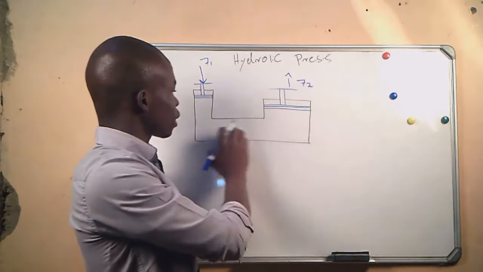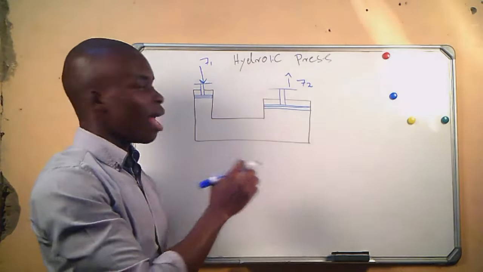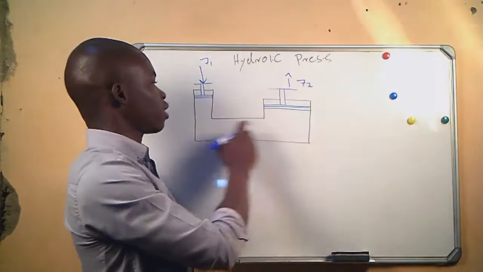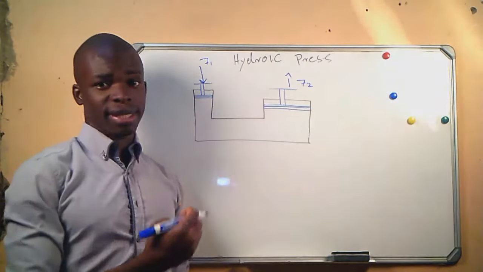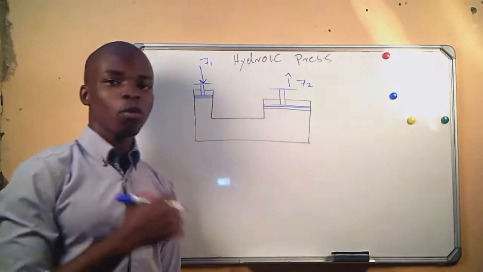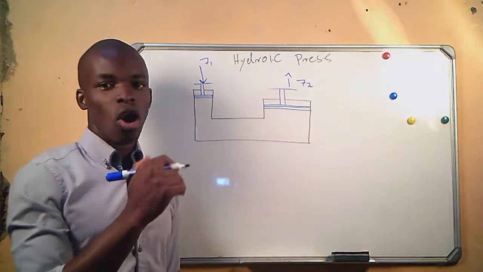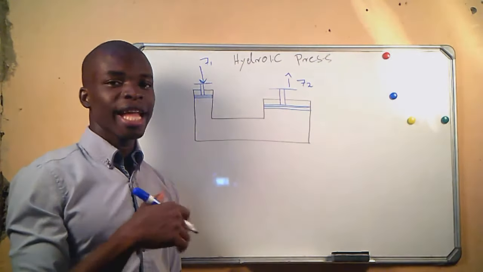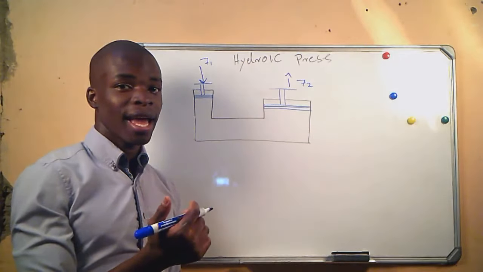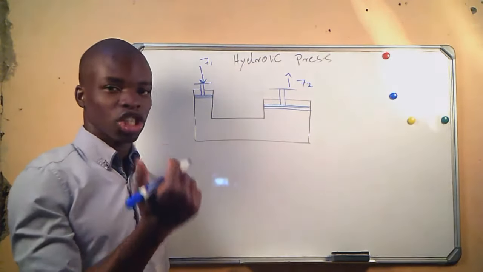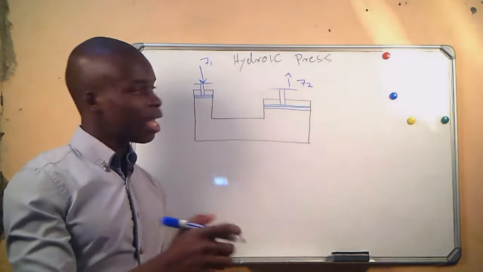This is a closed container, and inside this container we have fluid. According to Pascal's law, the pressure exerted on a fluid in a closed container acts in all directions with the same magnitude.